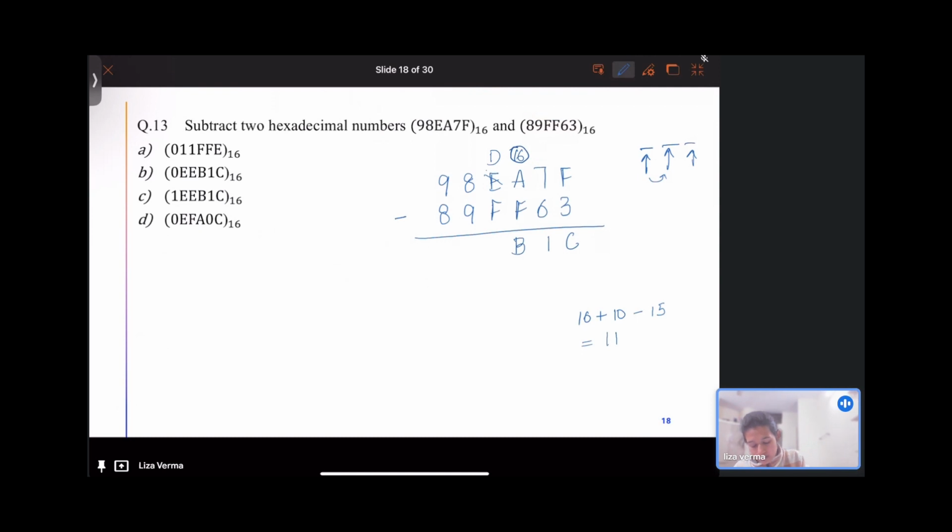Next one is D minus F, but D is also less than F, so we'll again take a borrow. We'll get 16 here, and the operation would be 16 plus D. D is 13.